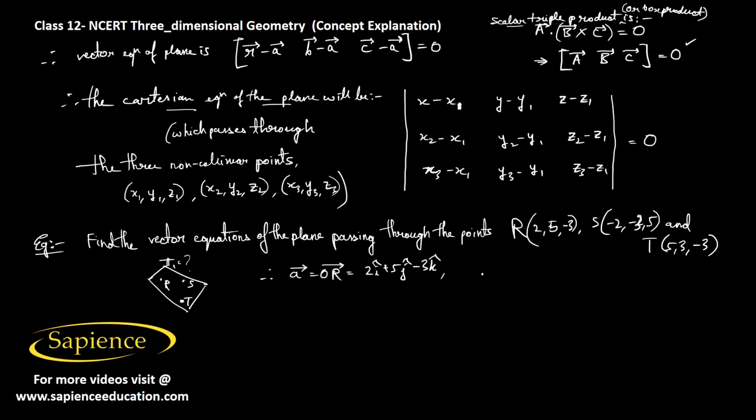Similarly, B vector is the position vector of the point S, which is OS vector, so that is minus 2i cap minus 3j cap plus 5k cap. And the position vector of the point T is C vector, which is OT vector, so that is 5i cap plus 3j cap minus 3k cap.